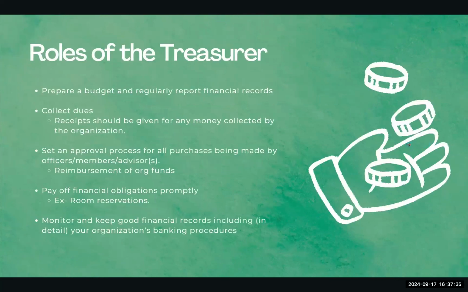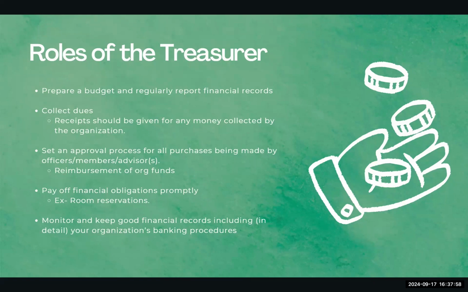So the first thing I just wanted to run through was the roles of the treasurer. Even if you're not a treasurer today, or you're an officer or president or a vice president or an advisor, and you're here today, these are the roles of the treasurer that I would say to set for yourself and also to take back. Of course, the role of the treasurer is to prepare the budget and regularly report financial records for your organization.